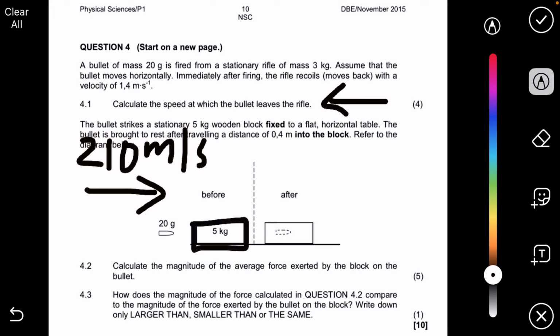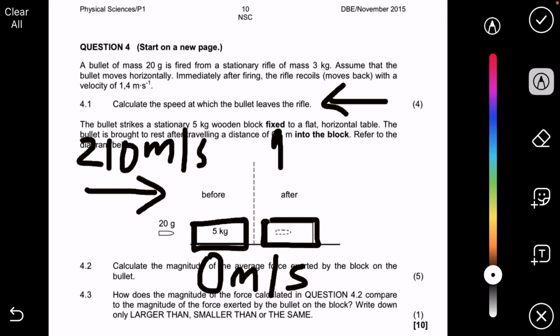Now what is the velocity of that block, ladies and gentlemen? They just said it's fixed. Otherwise, it's not moving, it's attached to that flat horizontal table, which means its velocity is 0 meters per second. Very much important. Even after, its velocity or speed is 0.